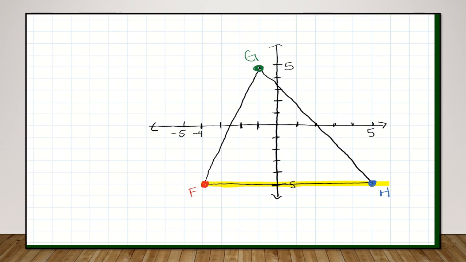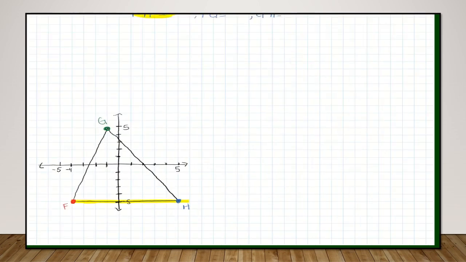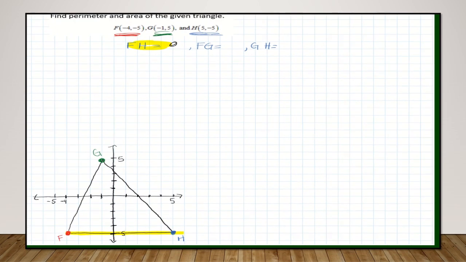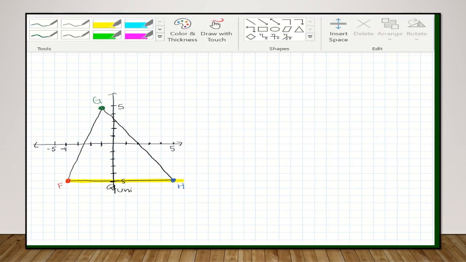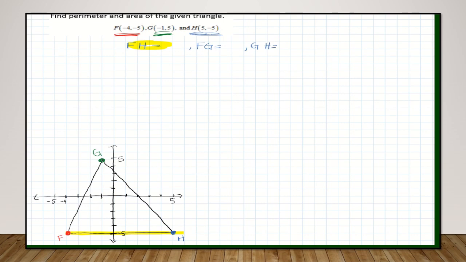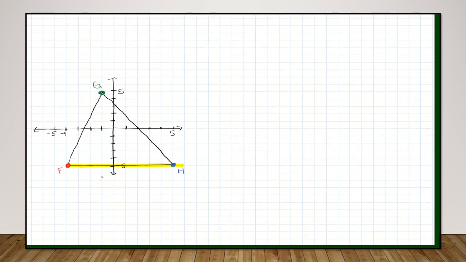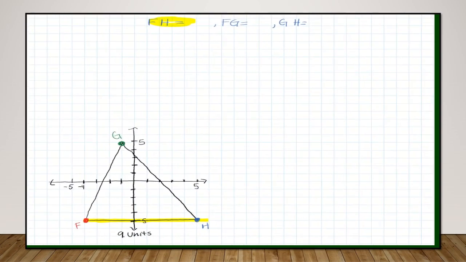Because it's a horizontal line, we can just count the number of squares between F and H, or we can just do the calculations of how far they are from each other based on their coordinates. So F is at -4 and H is at 5, so the distance between them is 9 units. So the length of this side of the triangle would be 9 units.